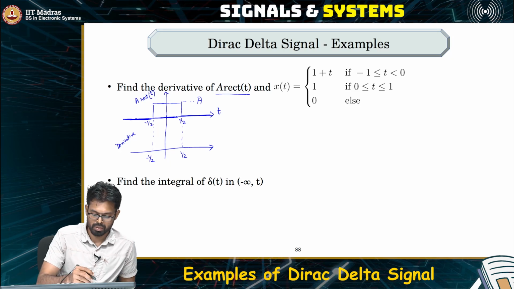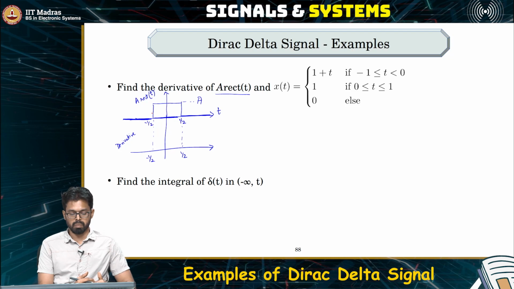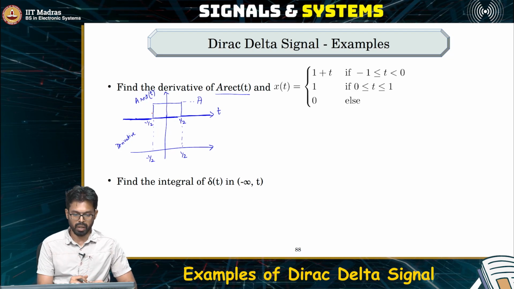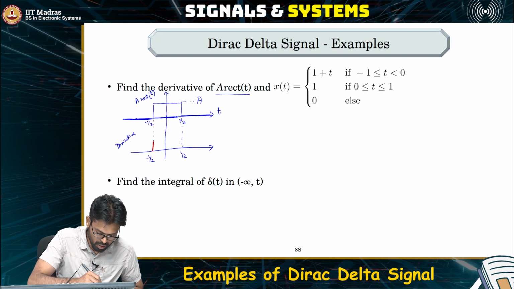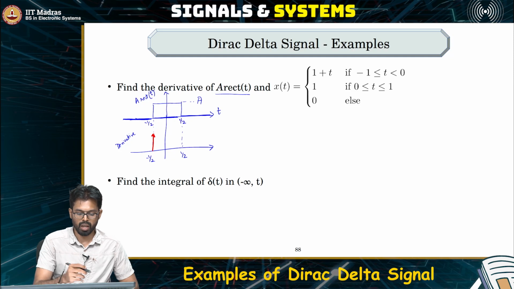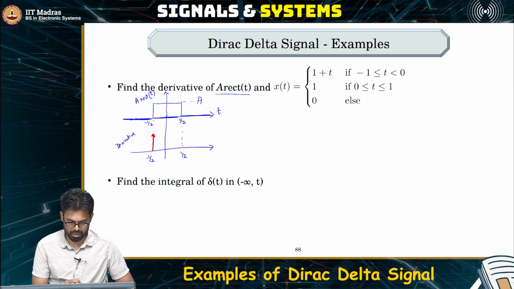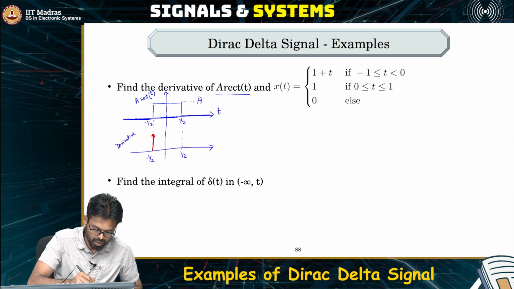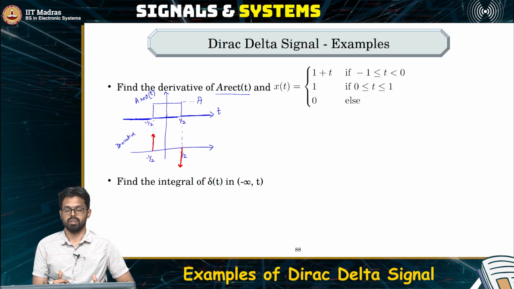Clearly, what happens at minus half? The signal suddenly jumps in magnitude. Basically, it increases. Because it increases, you get a Dirac Delta function in the positive direction. And at plus half, the signal suddenly decreases, so the slope has to be negative, and you get a negative Dirac Delta function. Great.